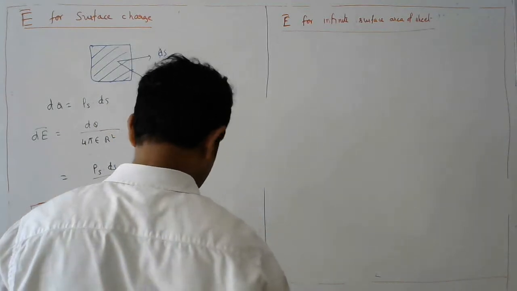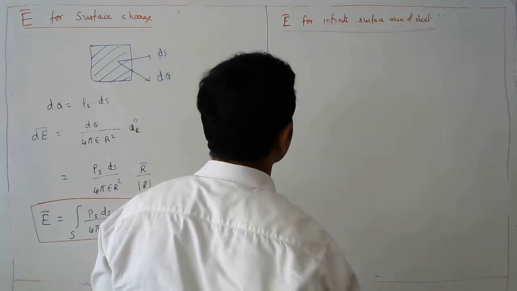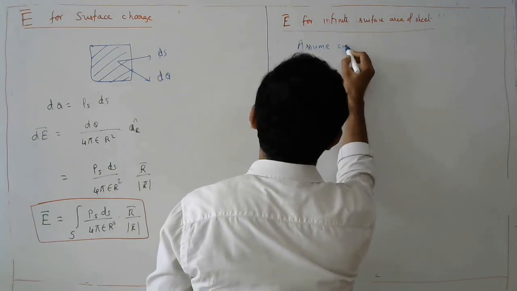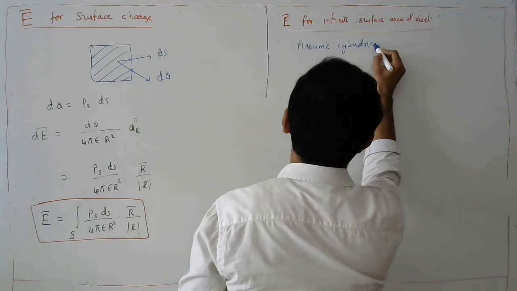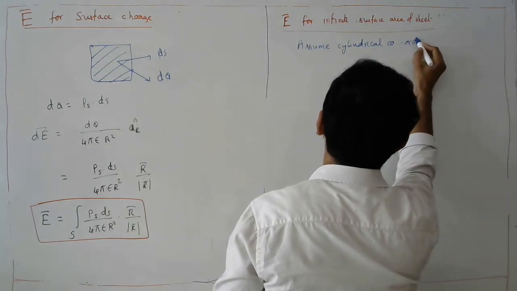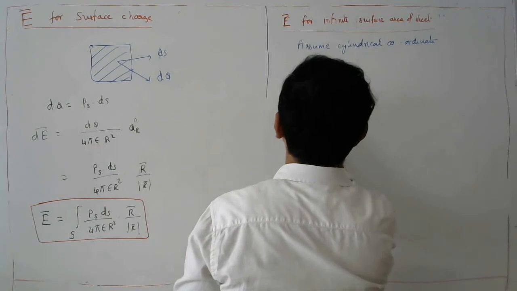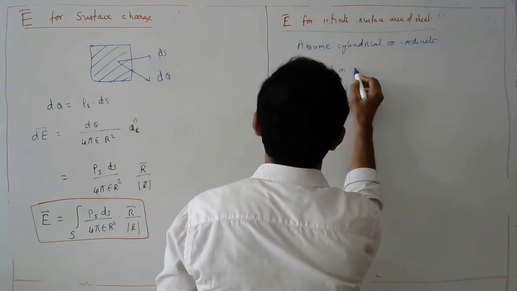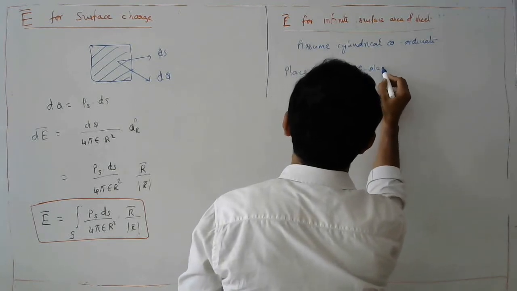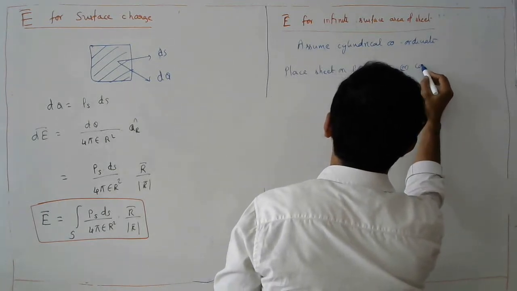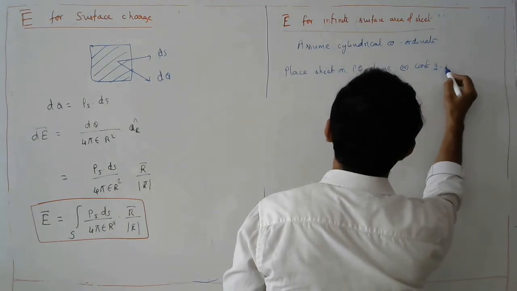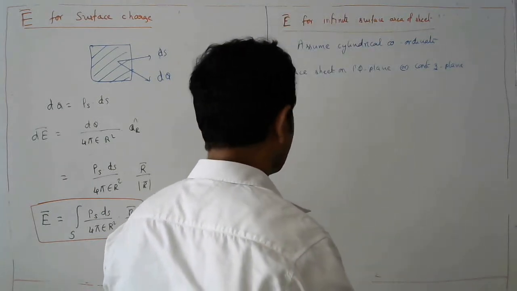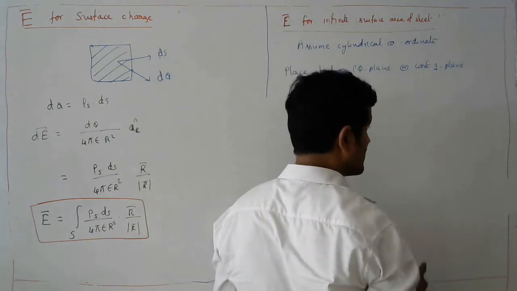For easy understanding, assume a cylindrical coordinate system here also, and place the sheet on the rho-phi plane. The rho-phi plane is also called the constant z plane. Now, for reference, let us assume a Cartesian coordinate system.